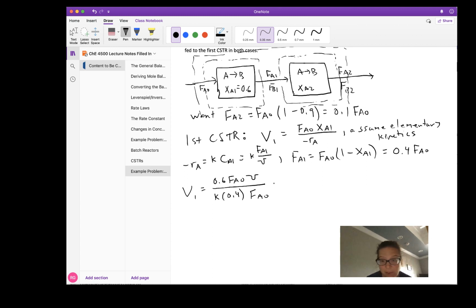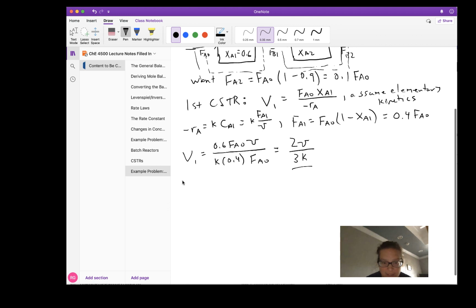And if I simplify that, I get V1 is equal to 2 times the volumetric flow rate divided by 3 times K. Alternatively, I could write V1 times K divided by volumetric flow rate equals 2/3, but I'm going to leave my expression like this. So that's the first CSTR.